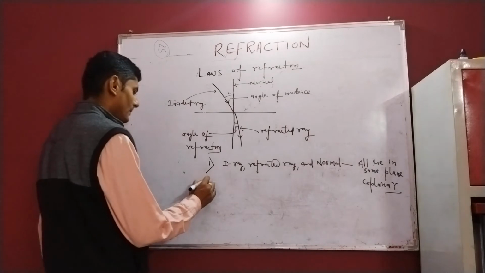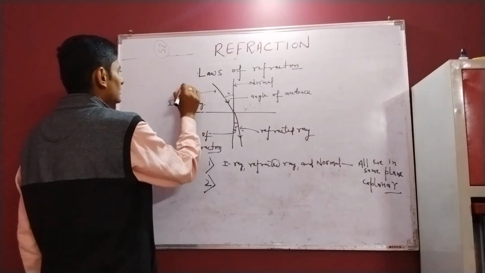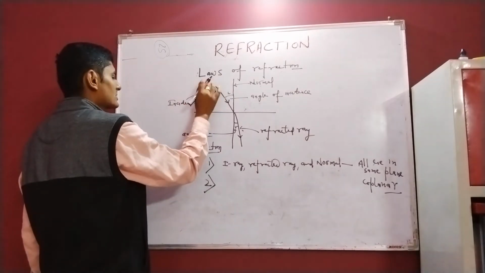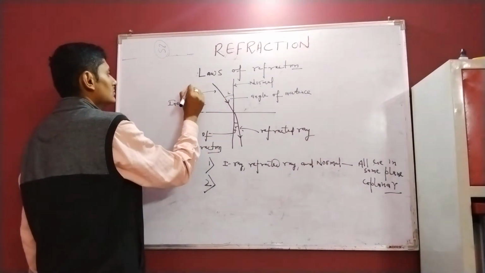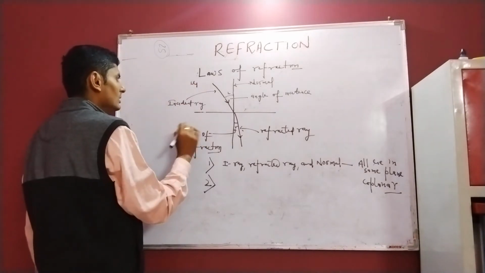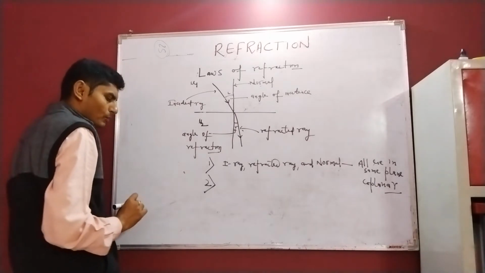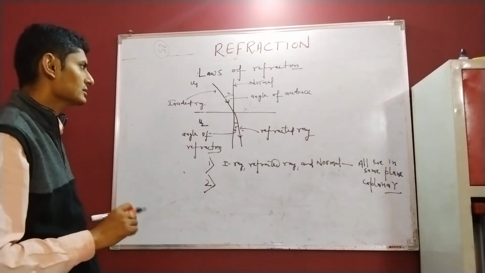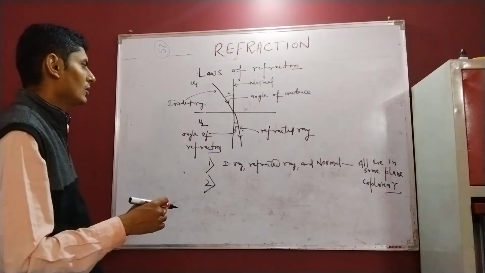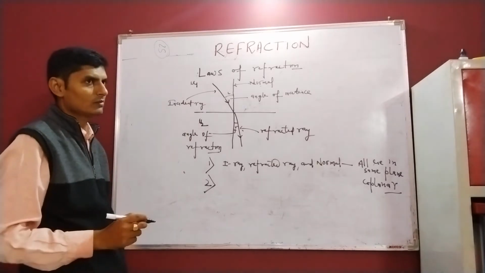Second, suppose this one is the first medium and this one is the second medium. So the refractive index of the first is mu1 and of the second is mu2. The product of the refractive index and the sine of the angle in that medium is always constant.